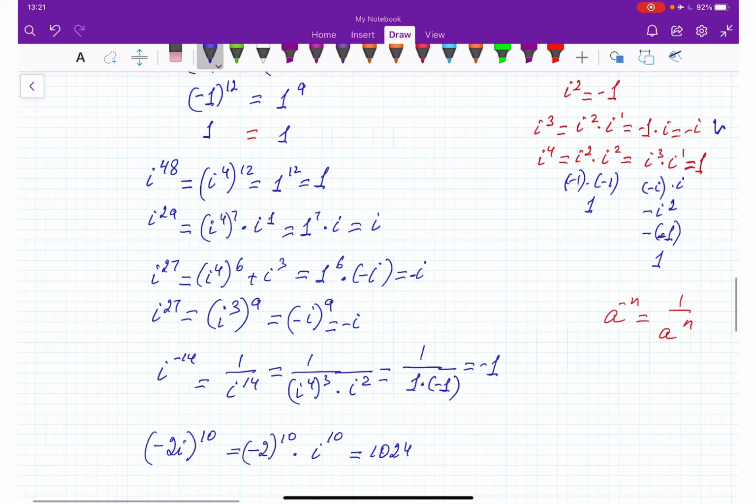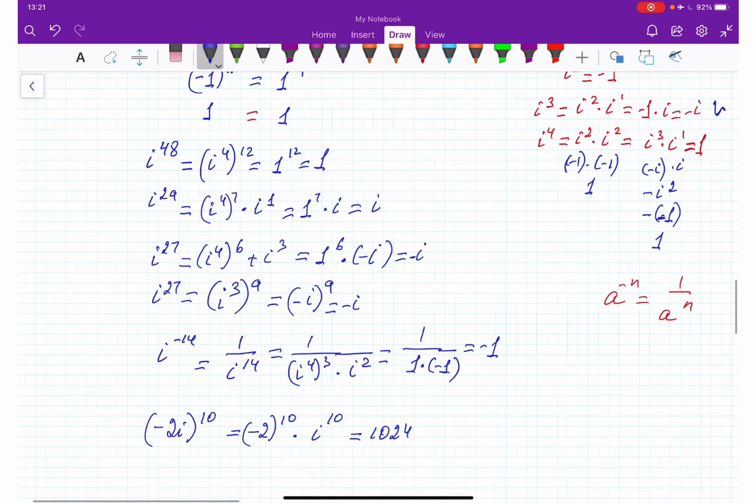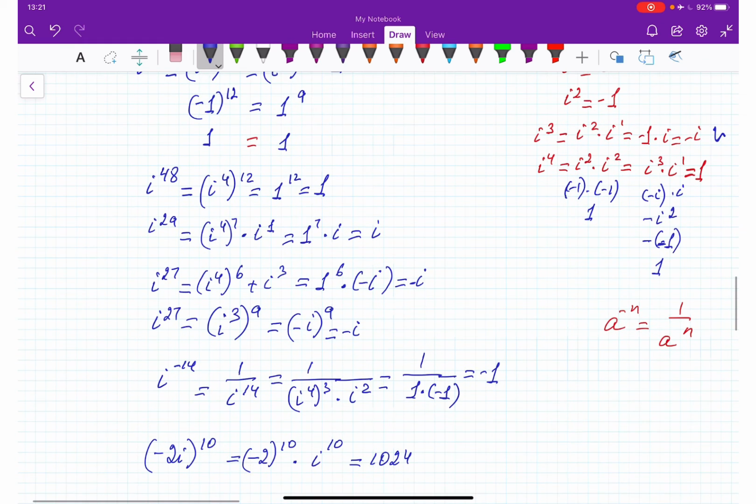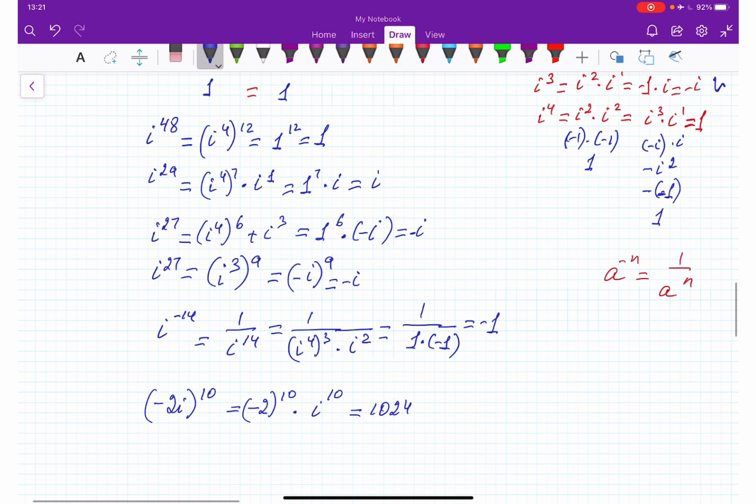Several ways. I can break it down as 8 and 2, and 8 represent as 4 squared. Or this time I would like to represent it as i squared, which will be i squared to the power 10. I mean, to the power 5. I'm sorry.